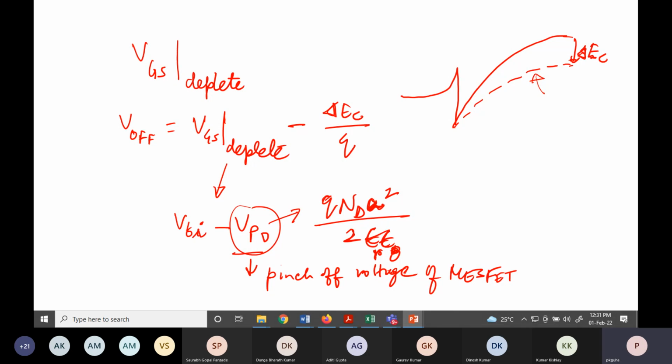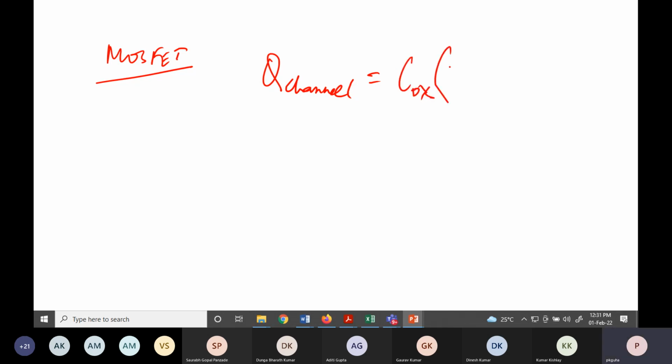Now this A has to be as small as possible. Why does A have to be as small as possible? In case of MOSFET, you remember, the channel charge Q channel can be written as C times VGS minus VTH.